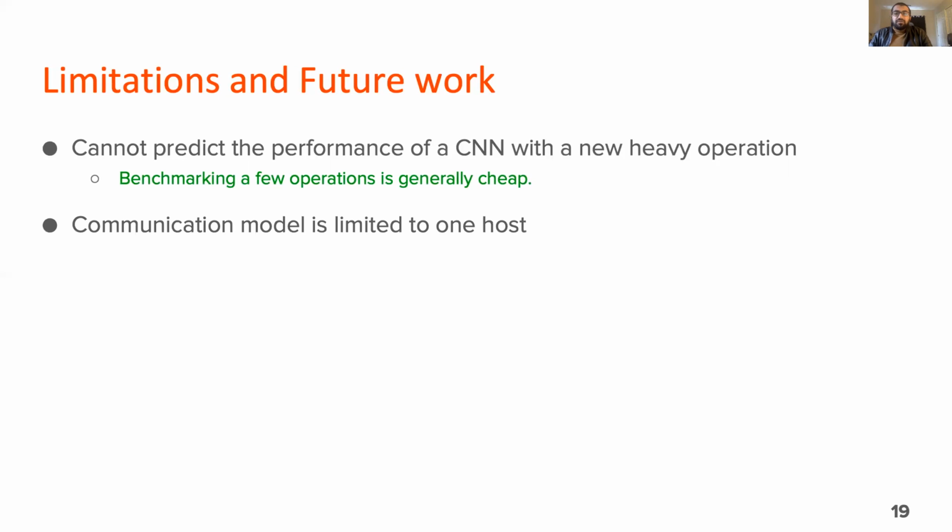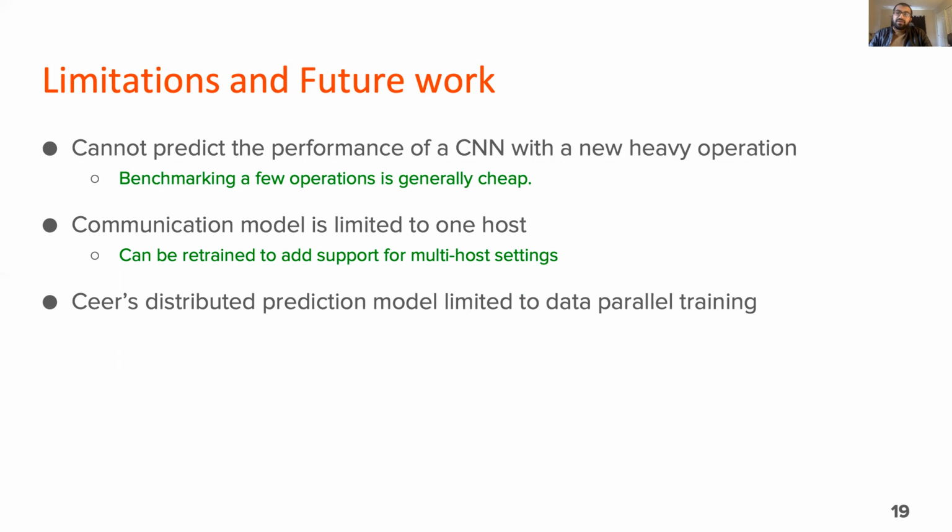As of now, Ceer's communication model is limited to one single host. It can be modified to support multiple machines or multiple communication links with varying bandwidths. The linear additive model of Ceer for training time prediction works for data parallelism and may not be able to predict accurately for model distributed training.